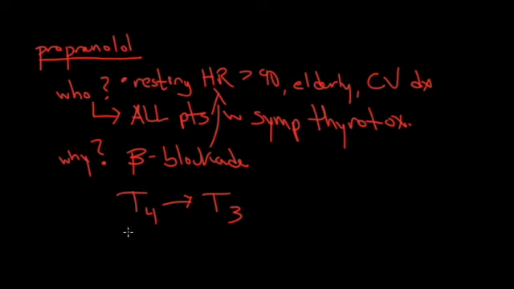Why this is helpful is because T4 is less potent than T3. So it basically helps prevent thyrotoxicosis, because we want this T4. It's a little less cumbersome than the T3. So, rule of thumb: propranolol for all patients with symptomatic thyrotoxicosis.